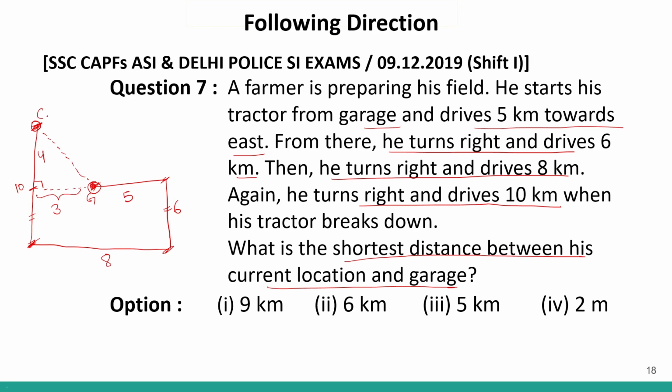So this is the garage and this is the current location. So CG square will be equal to 4 square plus 3 square, which is 16 plus 9, which is 25. So CG square is equal to 25. So CG will be the square root of 25, which will be 5. So 5 kilometers will be the answer, which is option number 3.